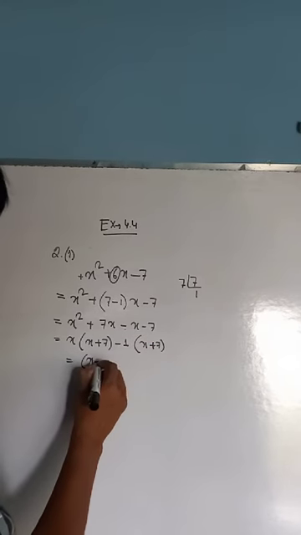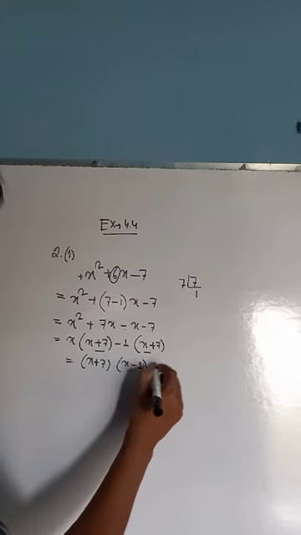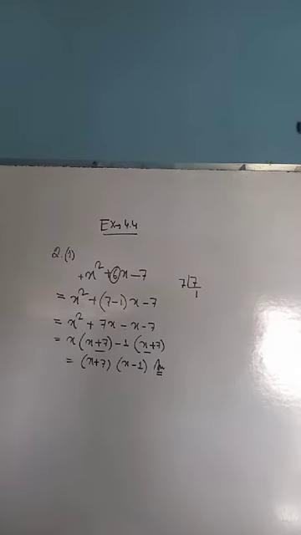So x plus 7 is common from both parts, and x minus 1 is left. This will be the answer. Have you all got the answer? Okay.